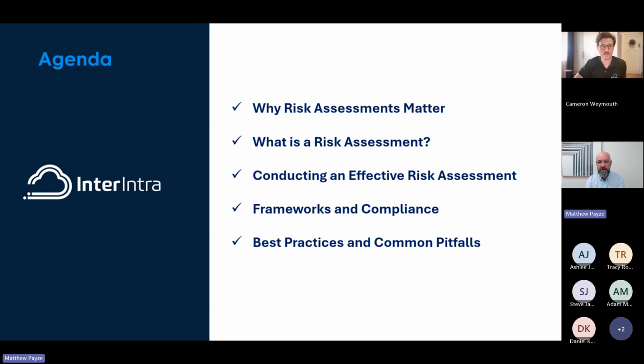I'll also touch on compliance and frameworks, just briefly though, because they all have different terminology, but do follow a similar process. And then we'll finish up with a highlight on some of the common traps, some of the pitfalls I've seen, and also some best practices. And then hopefully by the end, we'll have some time for some questions.